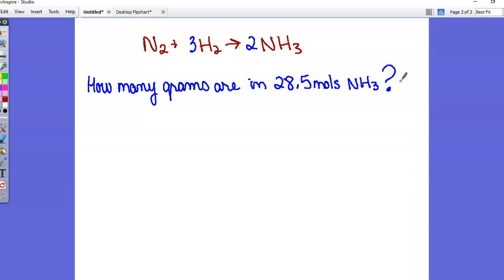So our problems are going to start being mixed up now. So it's going to be a little bit challenging for you guys to figure out what to do. So you always have to make sure your units are in the correct positions. So for this problem right here, I am given my moles of ammonia. So that's what I have to write down.